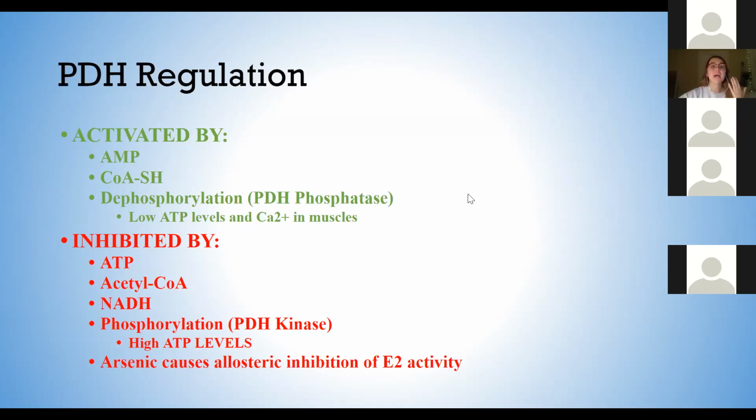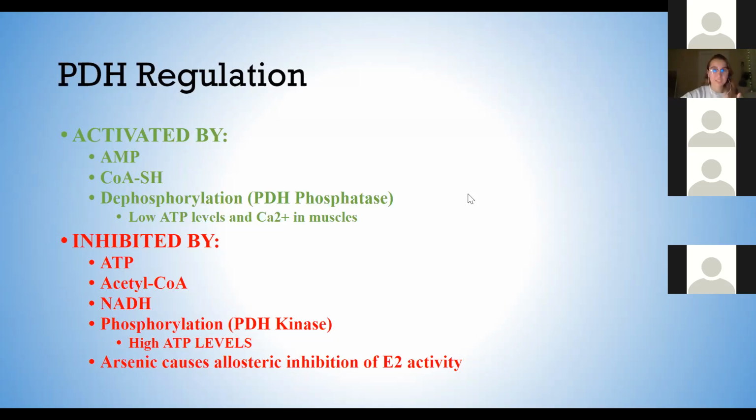So essentially it is activated by high concentrations of AMP, high concentrations of our CoA with the reduced thiol on the end, which is a reactant. And it is also going to make sense that this complex is activated when it is dephosphorylated.